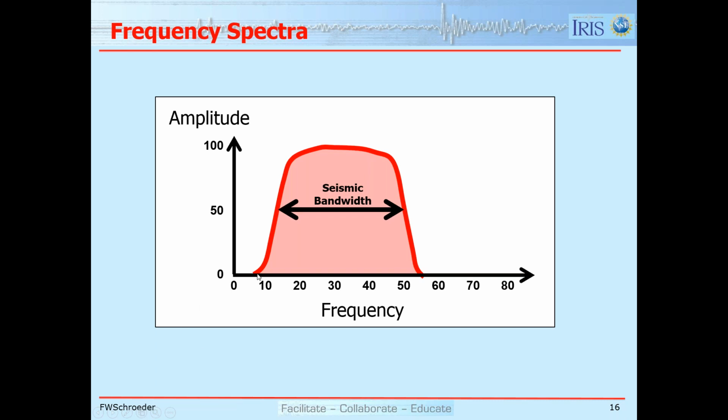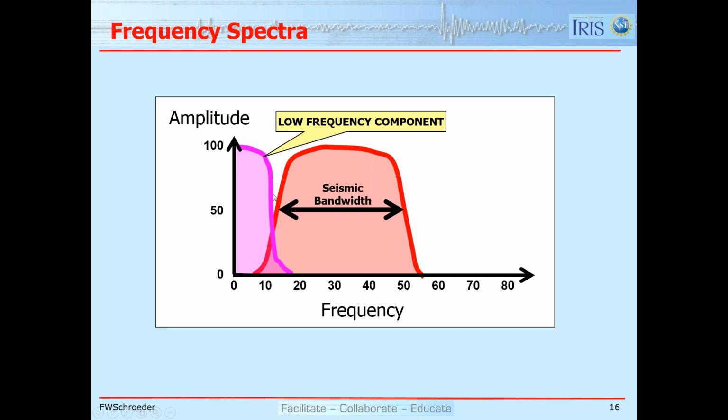So our seismic might have a bandwidth of 10 out to 50 or 55 hertz. We don't have the very high frequencies. We don't have the very low frequencies. We're not so interested in the high frequencies, but we would like to be able to get an estimate of the low frequency. We can get that from our velocity analysis.